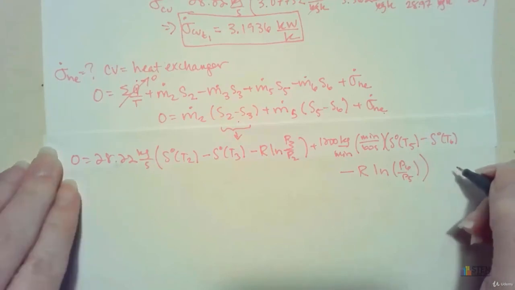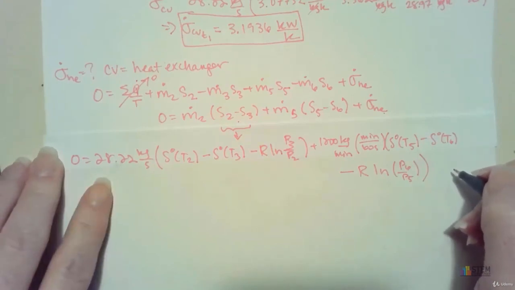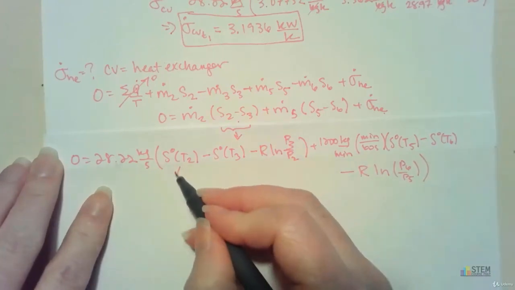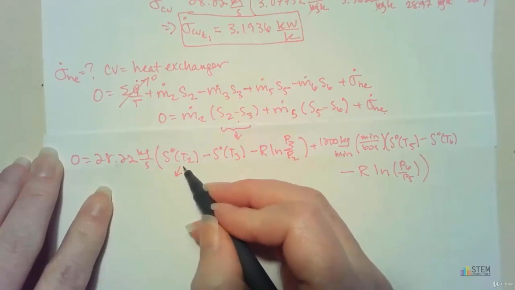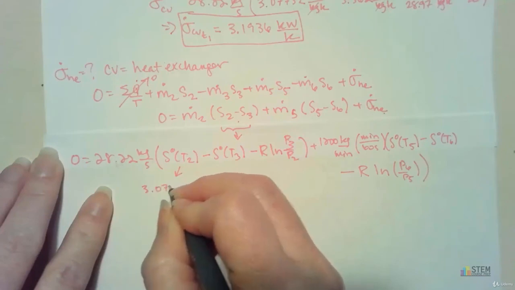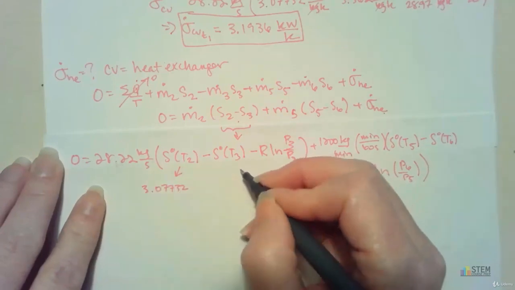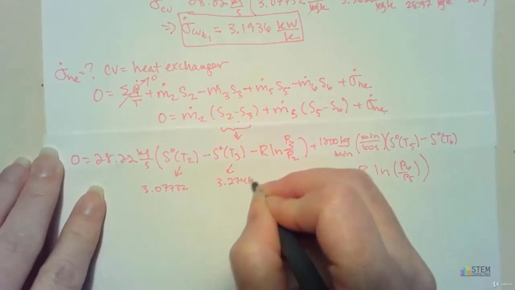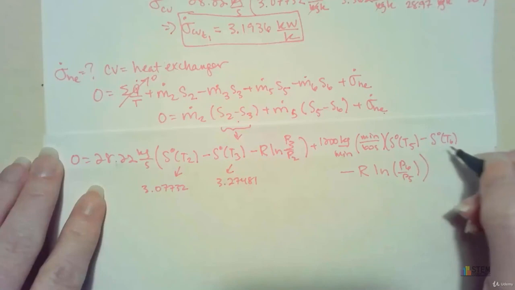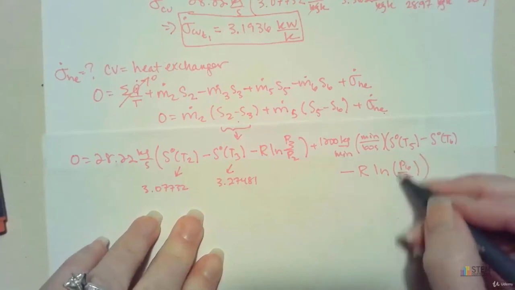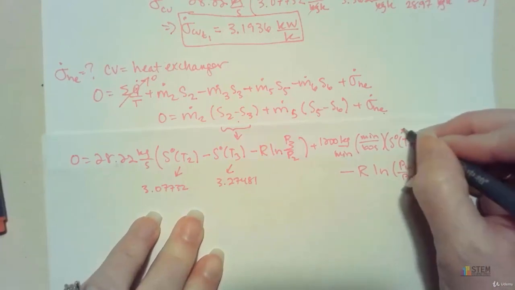Okay, lots of stuff there. Now, so I don't have to rewrite all of this out, I'll just write out what these values are. If you go to the table, look up the temperature of T2 and find s, you will get 3.07732. This one at T3, you're going to get 3.27481. Over here at the T5, I'm kind of out of room. Let's see, let's put it right here.